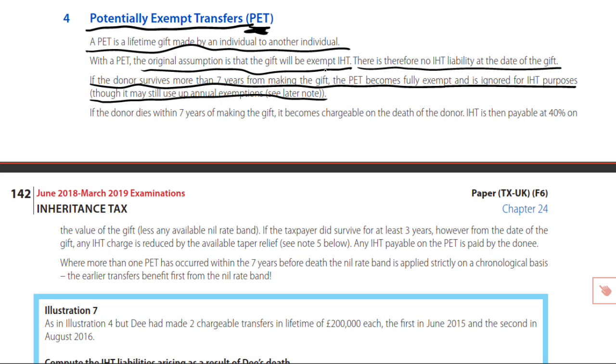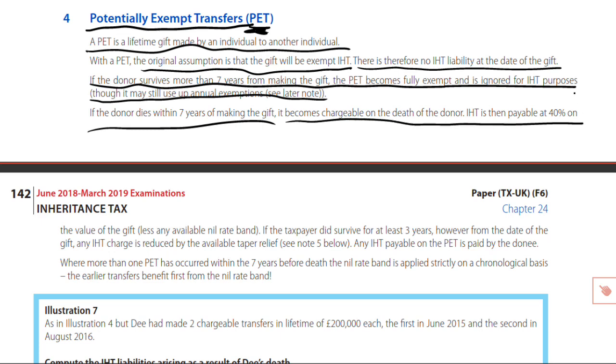If the donor survives for more than 7 years from making the gift, that PET becomes fully exempt and is ignored for IHT purposes. If sadly the donor dies within 7 years, like in our example of a moment ago, where the transfer was made in June 15, and the taxpayer sadly died in February 18, didn't survive for more than 7 years, therefore it became chargeable on the death of the donor.